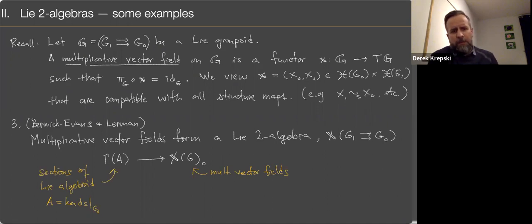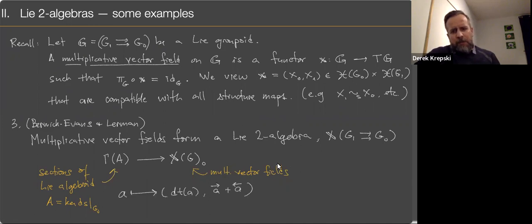If you're unfamiliar with that, there's just an analog of Lie algebras for Lie groupoids, namely the algebroids, and the definition is you take the kernel of ds, where s is the source map, and then just restrict to the unit space. This is some vector bundle over G0, over the unit space.